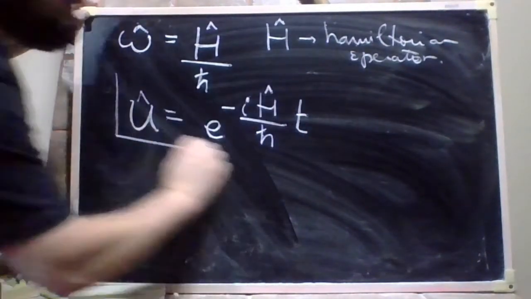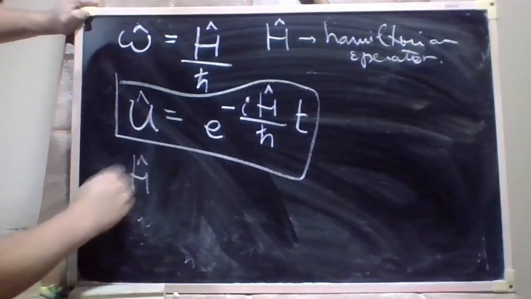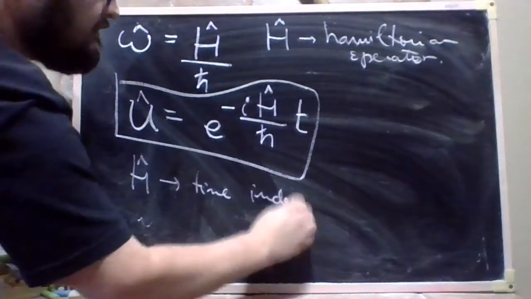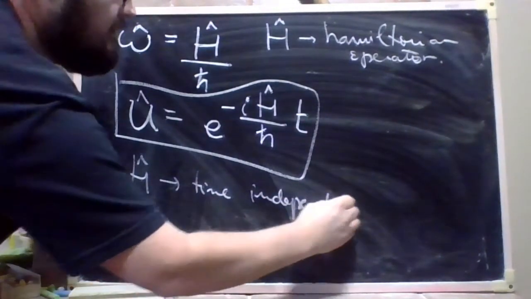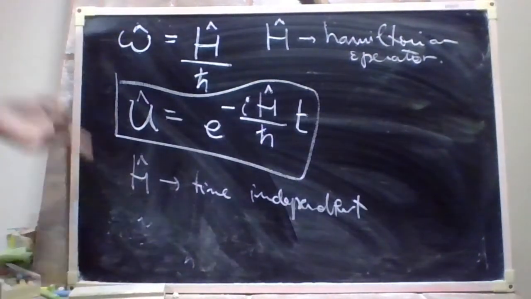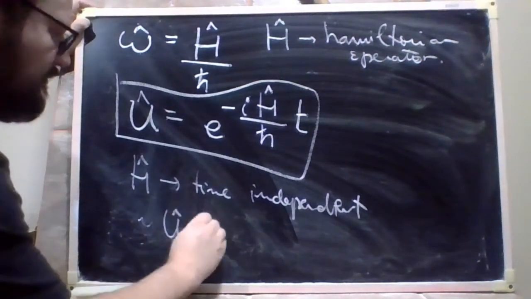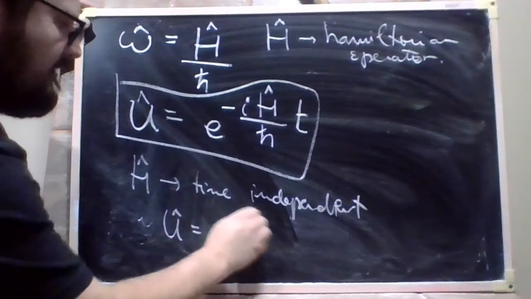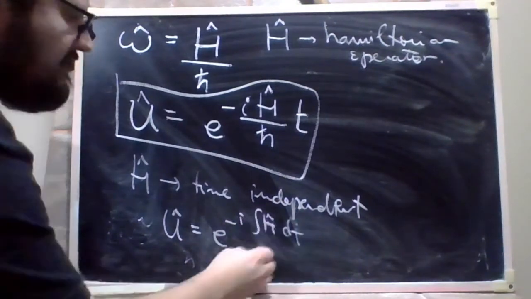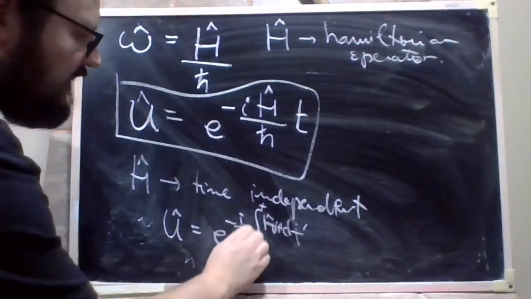So suppose for now that the Hamiltonian is time independent. All right? For the sake of simplicity, if you have a time-dependent Hamiltonian, you just replace that by some integral of H over dt from 0 to time t, dt prime here, and divide this by h bar.